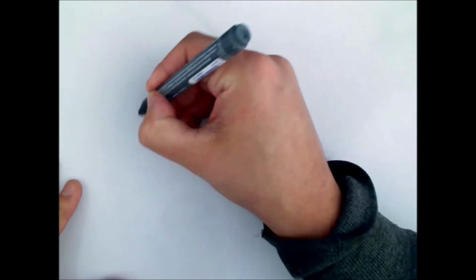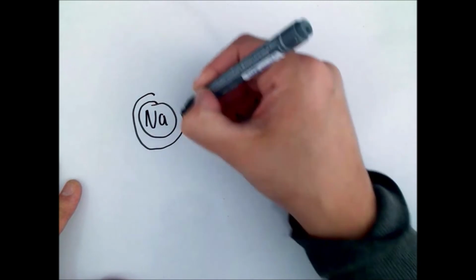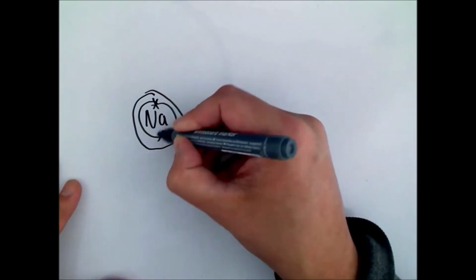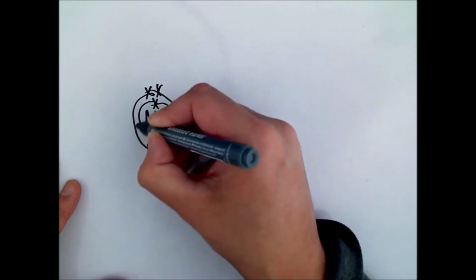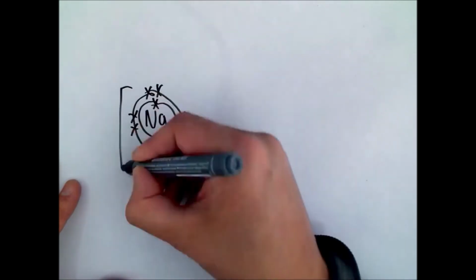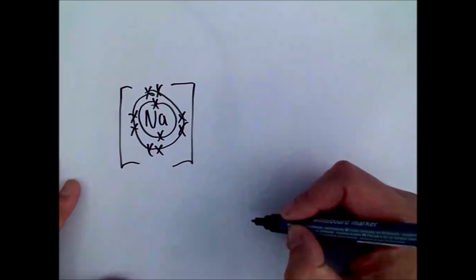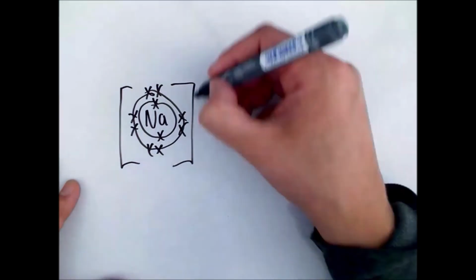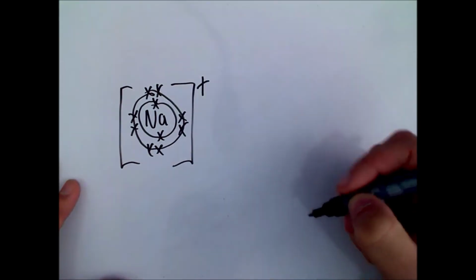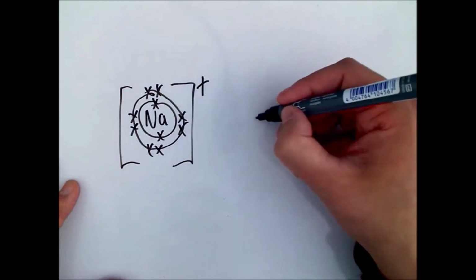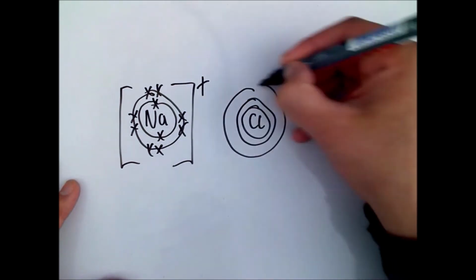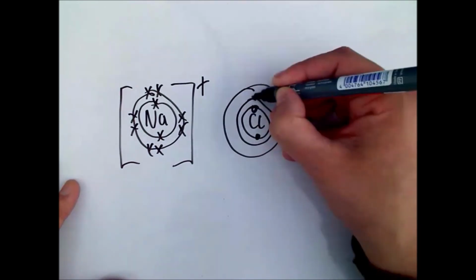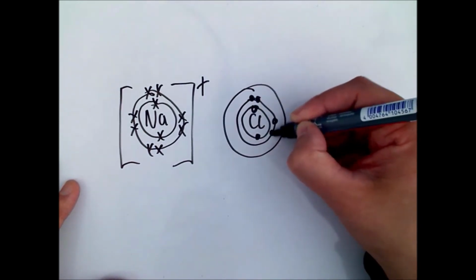So the sodium ion now only has 2 shells. We draw those square brackets to show that it's an ion and no longer an atom, and we put in its charge, and then we do the same for chlorine, putting in its electrons.